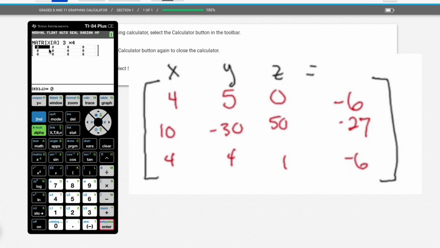Now, here we are exactly where we need to be. So this is the part where we type stuff in. So 4, enter, 5, enter, 0, enter, and make sure you use the negative sign and not the minus sign, 6, because TI-84 Pluses are the best. 10, enter, -30, enter, 50, enter, -27, enter. 4, 4, invisible 1, -6.